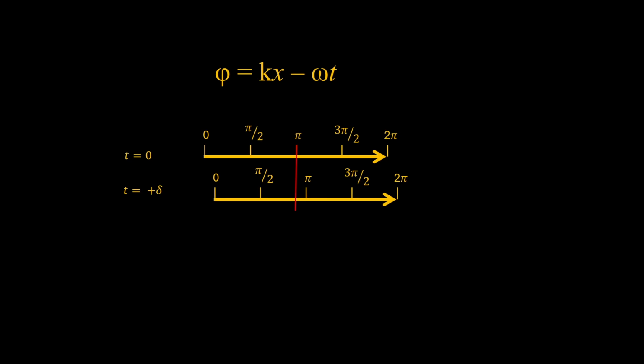We can represent such a wave by the top arrow in this figure. The direction of propagation is given by the arrow. Notice that because the phase contains positive kx, the phase increases with x. We have written the position of phase 0, pi by 2, pi and 3 pi by 2 beside the arrows.